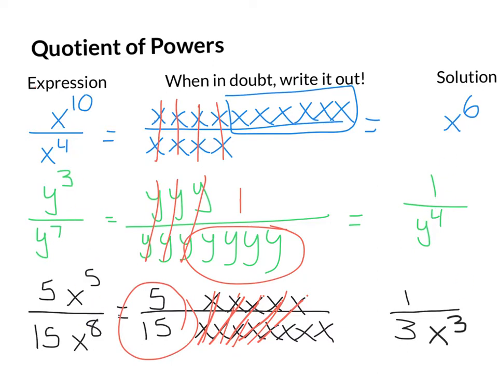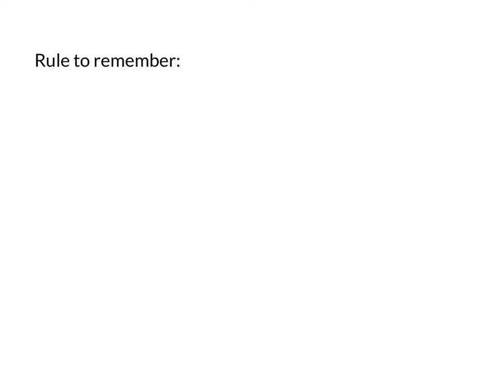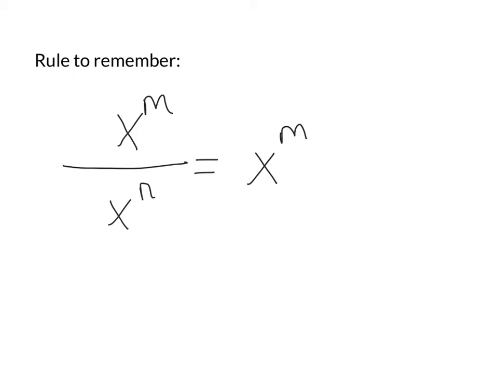So it's like I'm subtracting. All right, so the rule to remember, if you have a power x to the m, and you're dividing same base x, but to the power of n, you can do x to the power of m minus n. So you subtract your exponents.